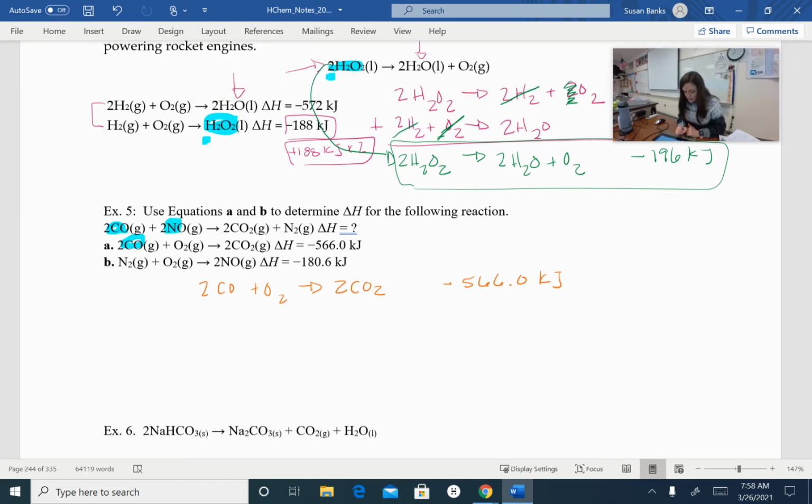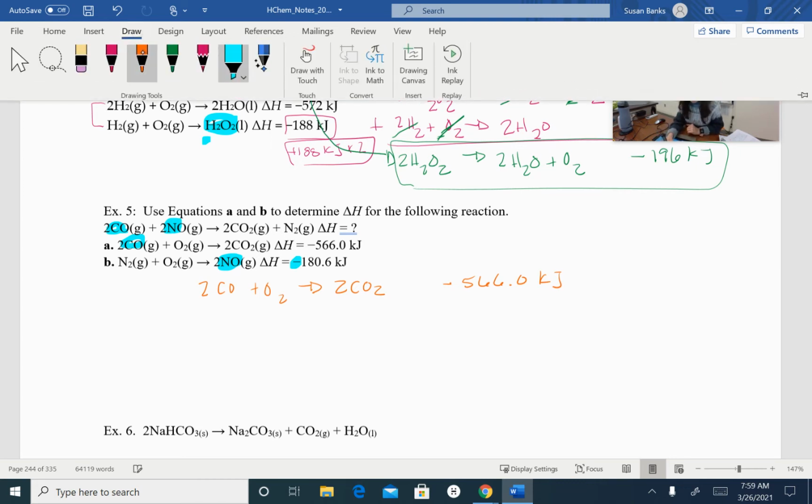Okay, now the next thing, I have 2 nitrogen monoxides. And notice I have 2 nitrogen monoxides here. Now I am going to have to flip this equation because the nitrogen monoxide on this equation B is on the product side and not the reactant side. And I need it to be on the reactant side. So that means I'm going to have to flip that value of the delta H as well, or the enthalpy.